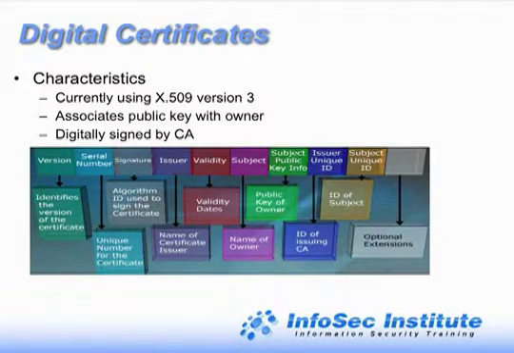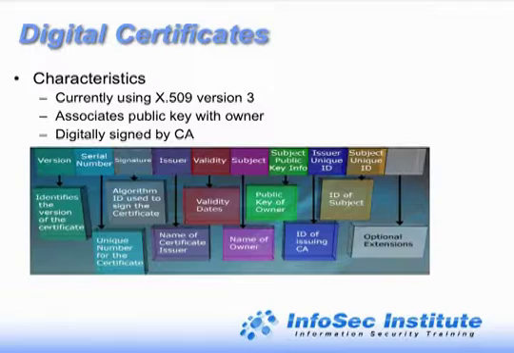Okay, digital certificates. Their characteristics: they currently use X.509 version 3, associate a public key with the owner, and are digitally signed by a certificate authority. If you look at the digital certificate, you'll see all kinds of variables in it, such as version, serial number, which is a unique number for the certificate, and the algorithm it's going to use, for example RSA.